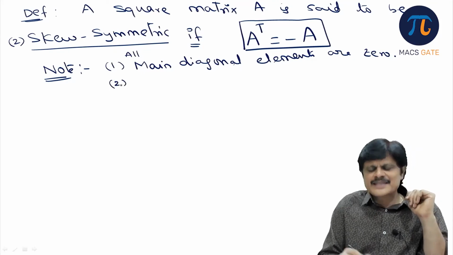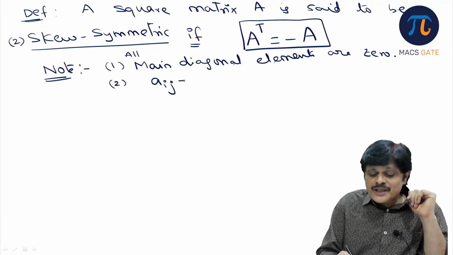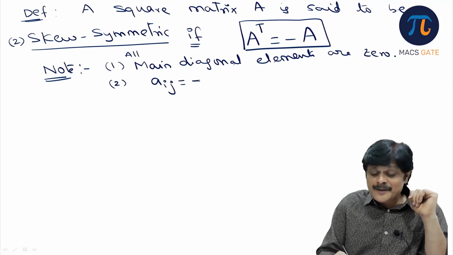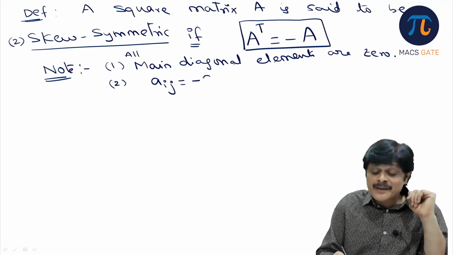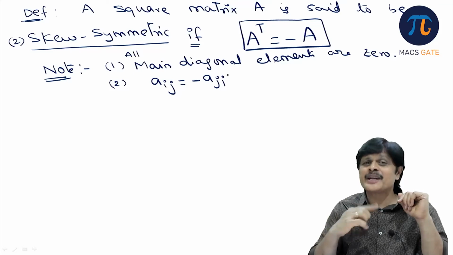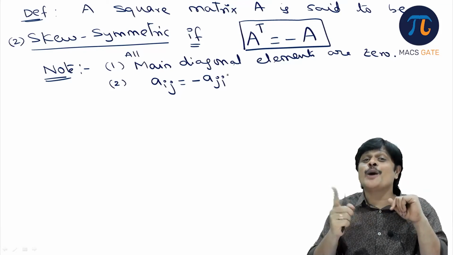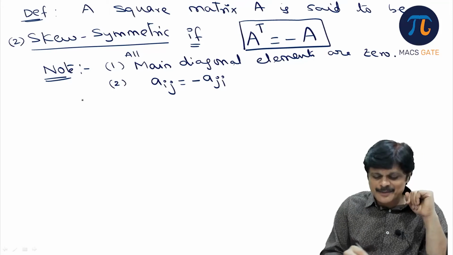Okay. Second point, ith row jth column will be not Aji but minus Aji. So in the previous case we saw mirror images, right? Mirror images are equal, but in this case mirror images are having opposite signs. Let us see with example.